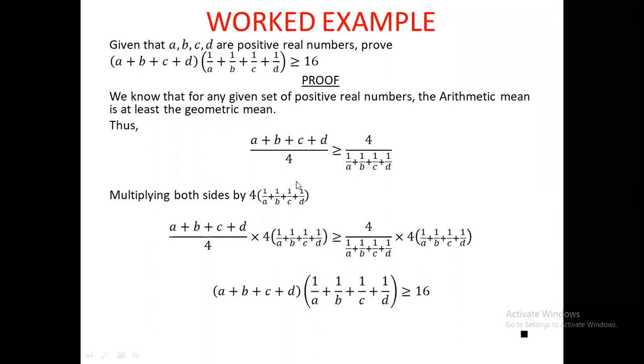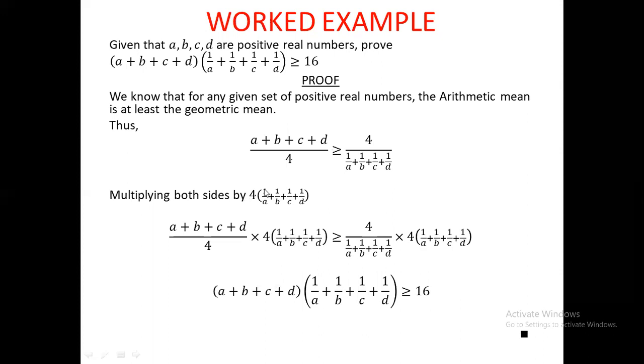Now we need to ascertain, this is an inequality. And for those of you that have basic knowledge of inequality, we know that when you multiply both sides of an inequality by a negative value, the inequality sign changes. So we need to be certain that what we are multiplying both sides by is a positive value.